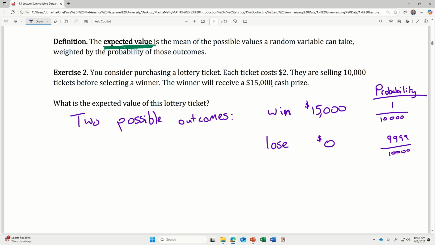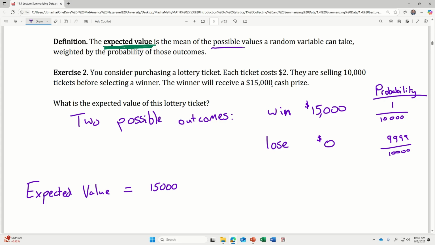So whenever I say something like this, it's the mean of the possible values weighted by the probability. This is what I'm talking about. I say the expected value is $15,000.